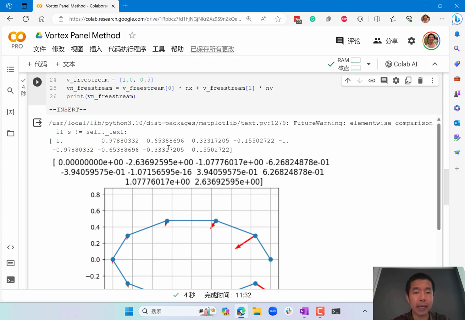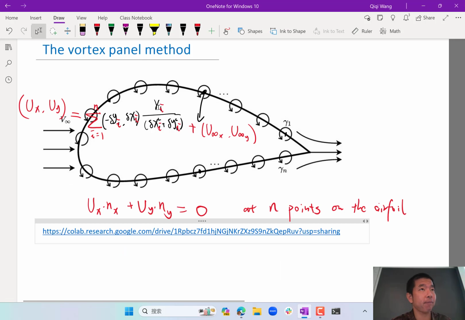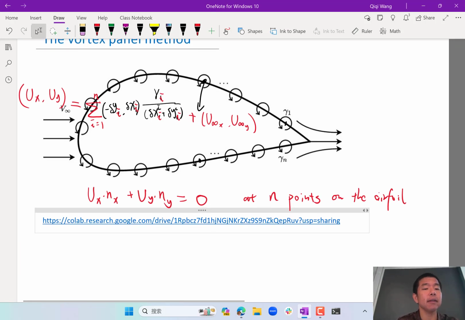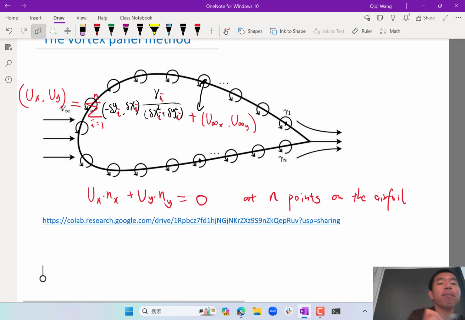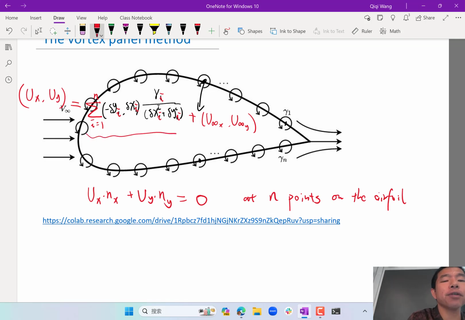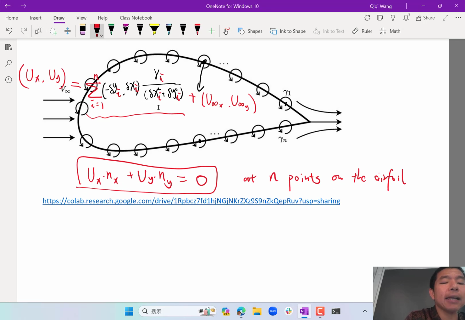My unknown is only the gamma i's. I don't know the induced flow, but the induced flows are functions of the gamma i's. So what I have is this set of equations. ux at every point is a linear function of the gamma i's. uy at each point is also a linear function of the gamma i's.